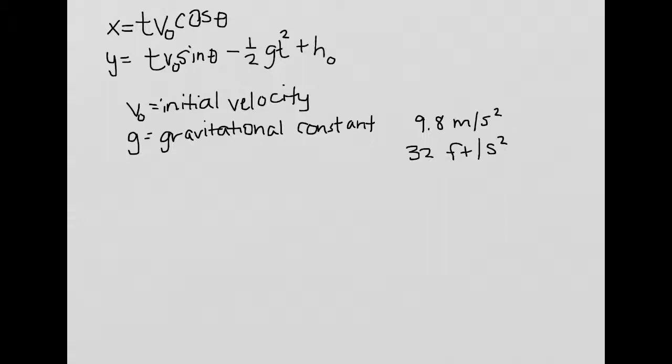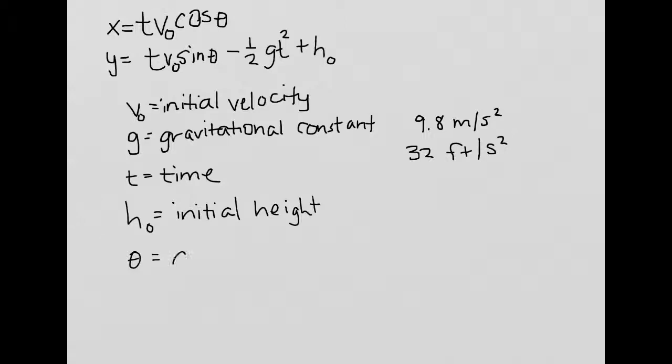Yes, you are going to have to know those values. t is time, and that's our parameter. h sub 0 is your initial height. And theta is the angle of the motion.